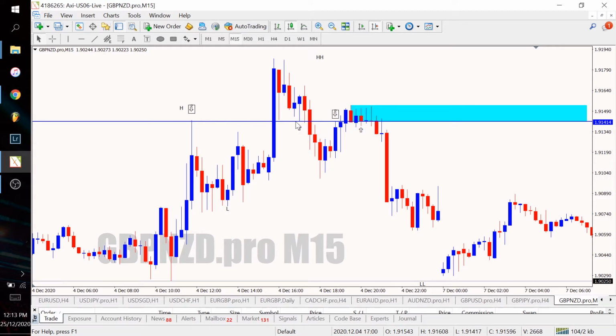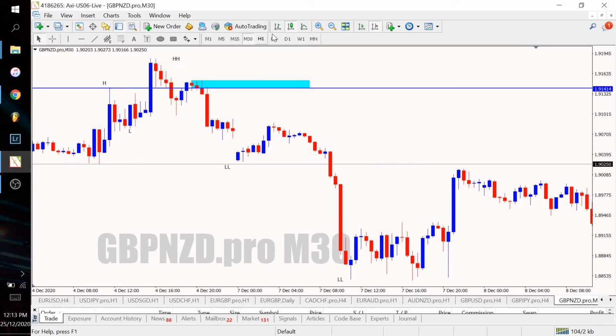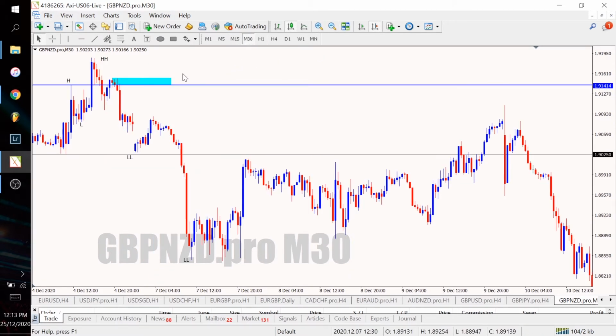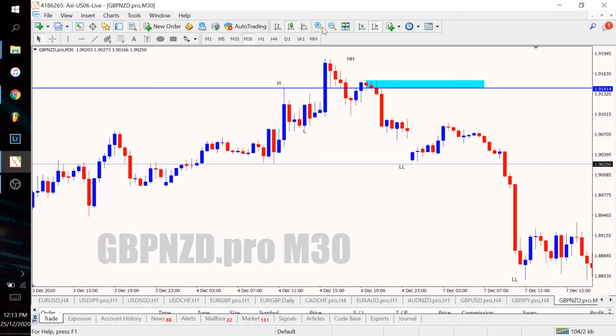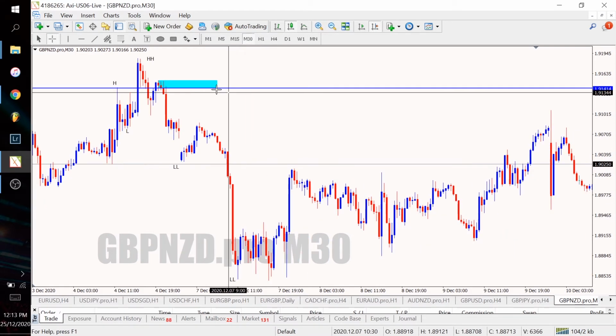So now let's remove all these arrows and let's go back to the hourly, go back to the larger time frame. Let's see how we can enter. M30 is looking pretty decent already. So earlier we took the king, but we decided that we go down to the lower time frame and look for the MPL.